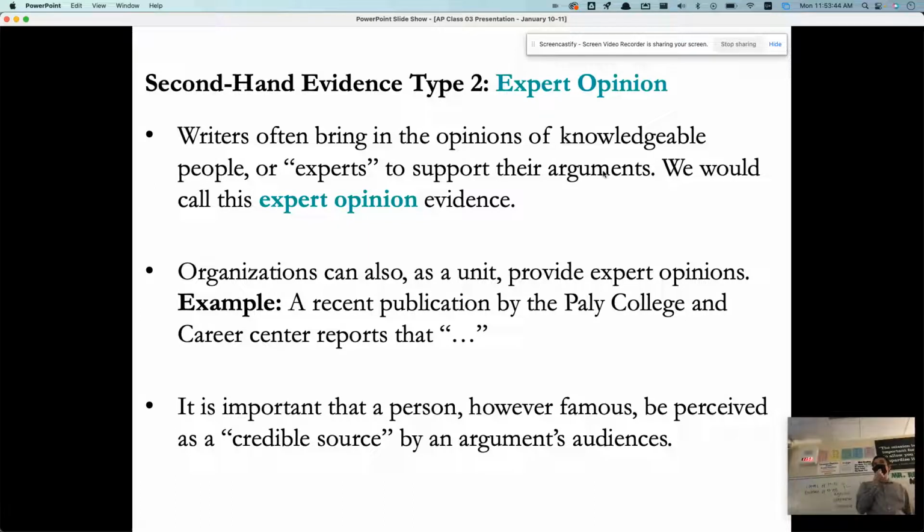If you are getting quotes about the SpaceX rocket from, I don't know, Hulk Hogan or some random person, then that would not count because that person doesn't have the credibility to talk about that. Would not be a very strong argument.